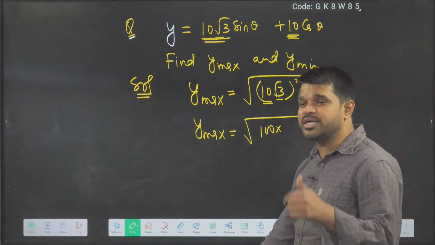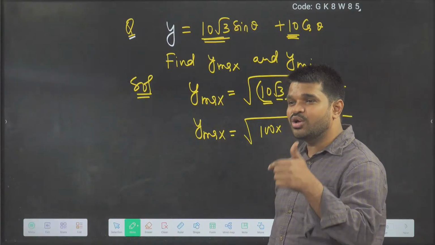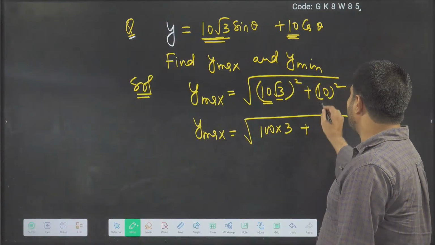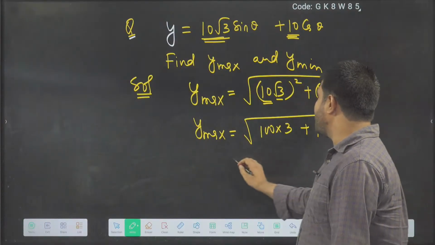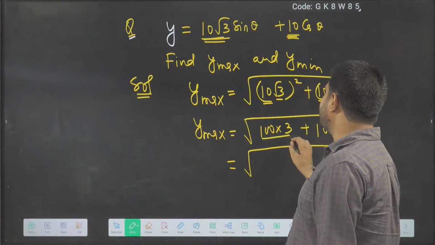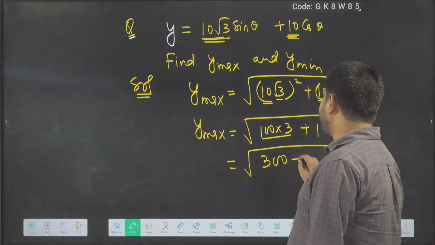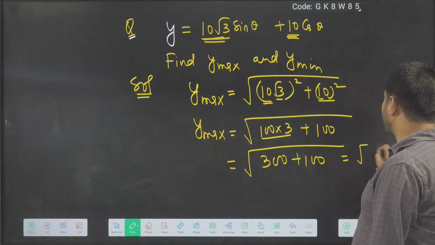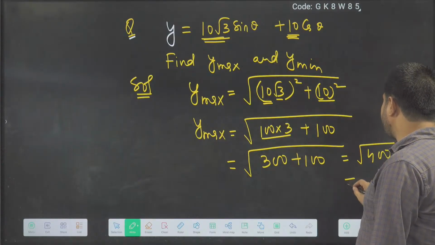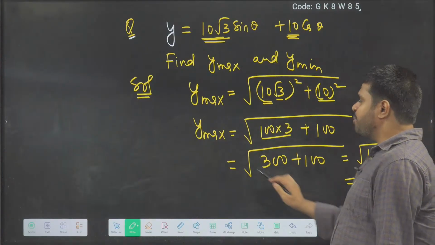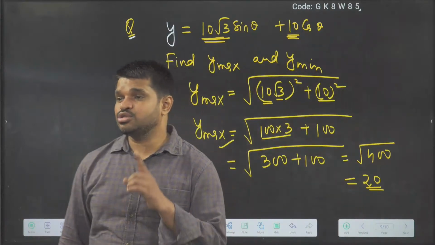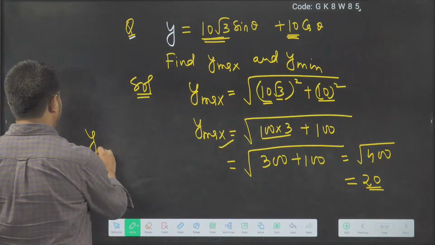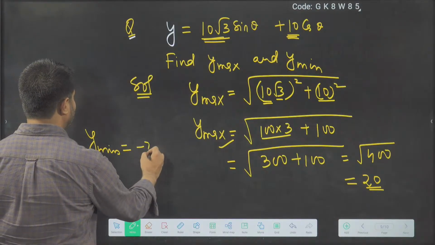Root 3 square means root 3 into root 3, which becomes 3. So 100 into 3 plus 10 square is 100. Now 100 into 3 is 300 plus extra 100. 300 plus 100 becomes 400. Under root of 400 is 20. Maximum is 20. So minimum will be negative of it. So y minimum is minus 20.